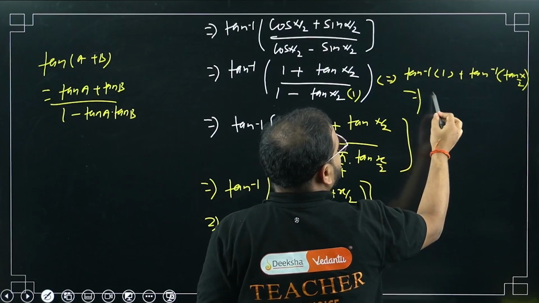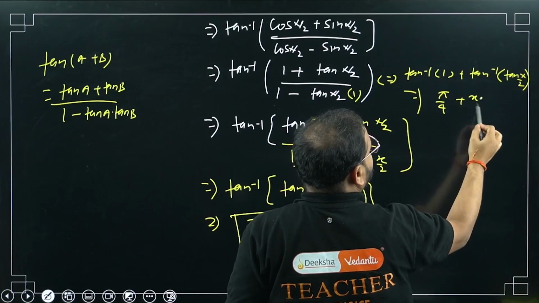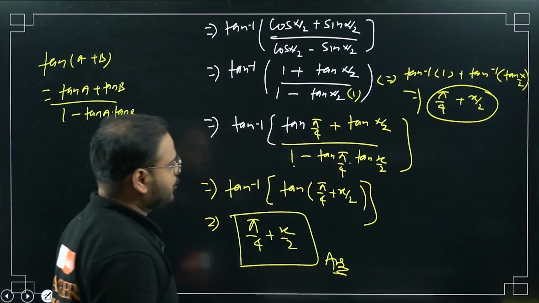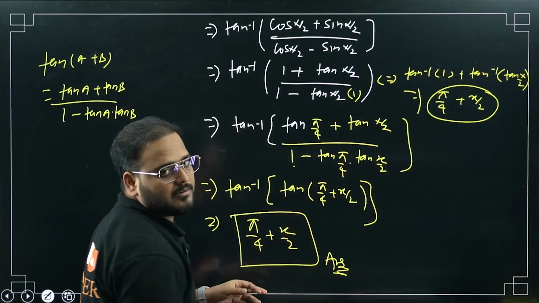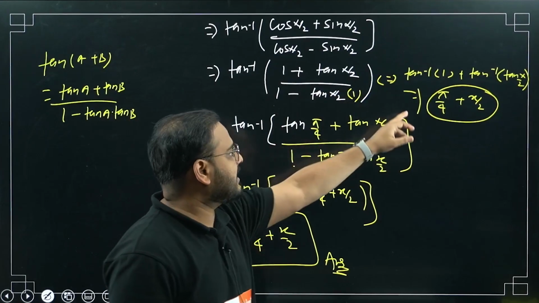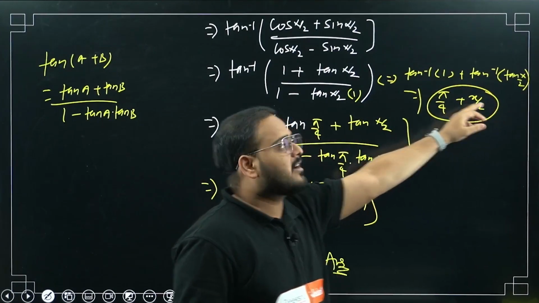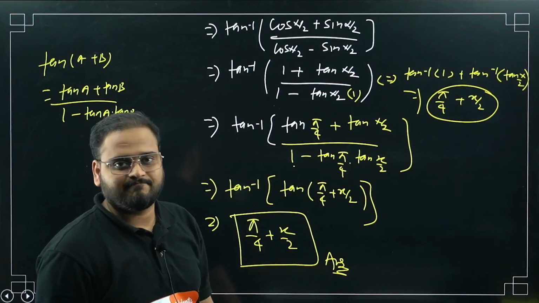The answer is going to be pi by 4 plus tan inverse of tan x by 2. Same answer. So you can take this approach or that approach also. That's also a formula: tan inverse of a plus tan inverse of b is what? Tan inverse of a plus b upon 1 minus ab. Okay, great.